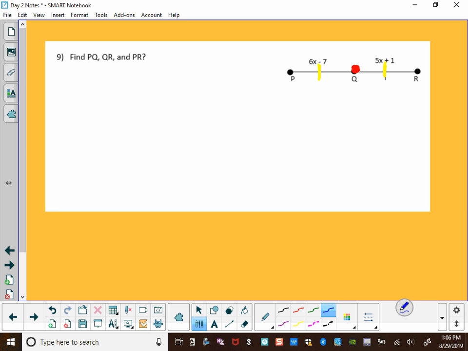So that means that I'm going to take this segment and make it equal to that segment. On the previous problems, they gave us a number that we had to make it equal to. Here, because it's a midpoint, I know they're equal to each other. So I have 6x minus 7 is equal to, is that 5x plus 1? Okay, 6x minus 7 equals 5x minus 1.